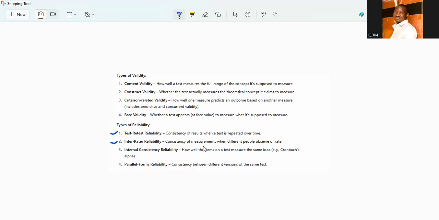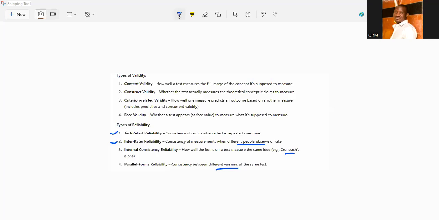Inter-rater looks at consistency between different people, the observers. Internal consistency looks at within the same item whether the test measures the same idea, and we use a Cronbach alpha. In parallel forms, we are using different versions to measure the same test. Remember? So these are the ones we talked about under reliability. This doesn't miss out. So I'll be repeating this almost every class we have.